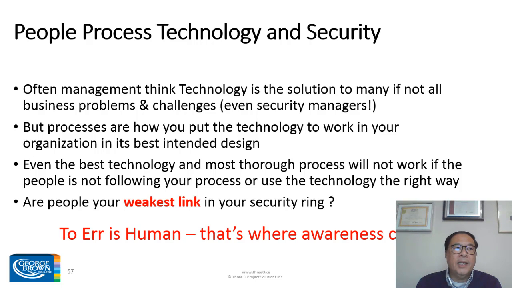So humans making mistakes is unavoidable, because we're human, right? But we're not just saying that that's life, we just have to accept it. No, we don't have to accept it. The counteraction to that is where awareness comes in.